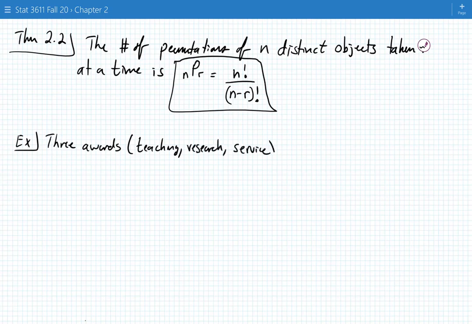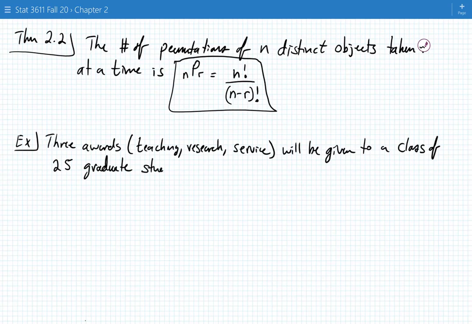So they're different awards. They will be given to a class of 25 graduate students.